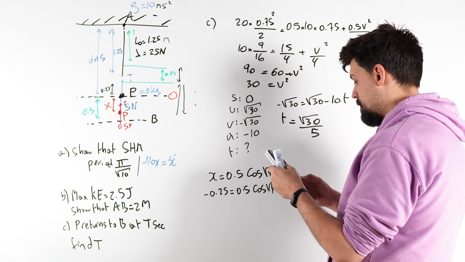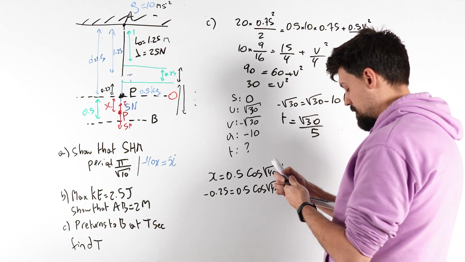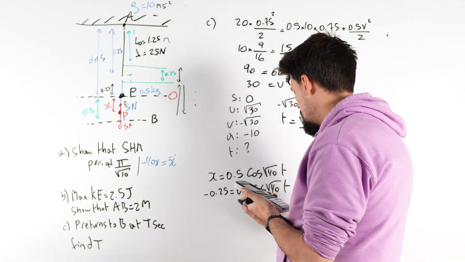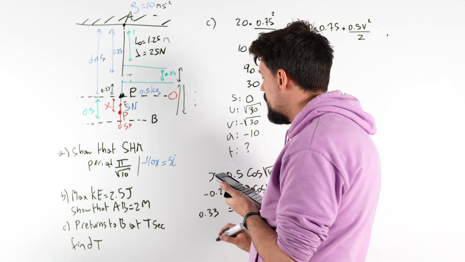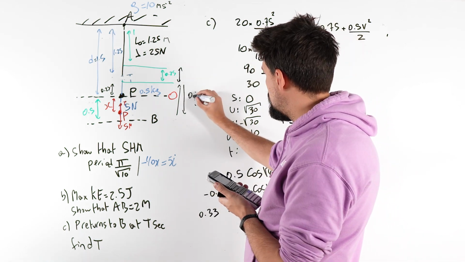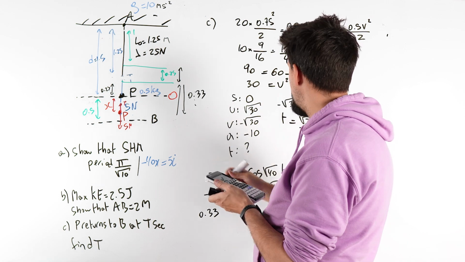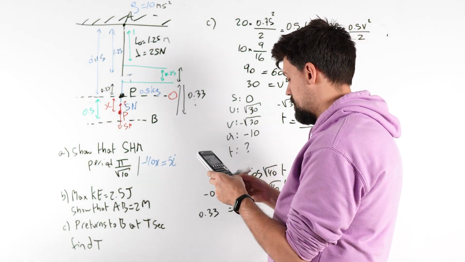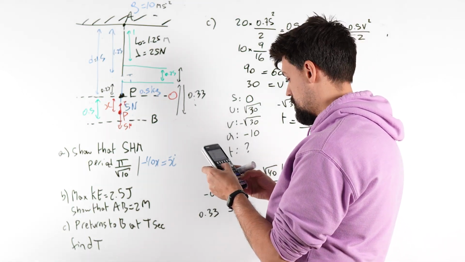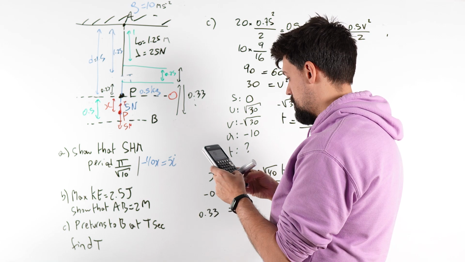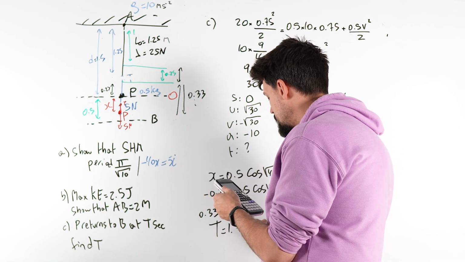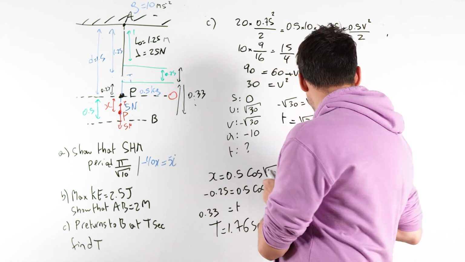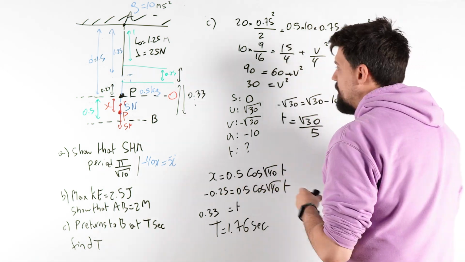Divide by root 40. I get that time there as 0.33. So it'll take 0.33 seconds to get up there, 0.33 to come down. So I make capital T 1.76 seconds. And there we have it.